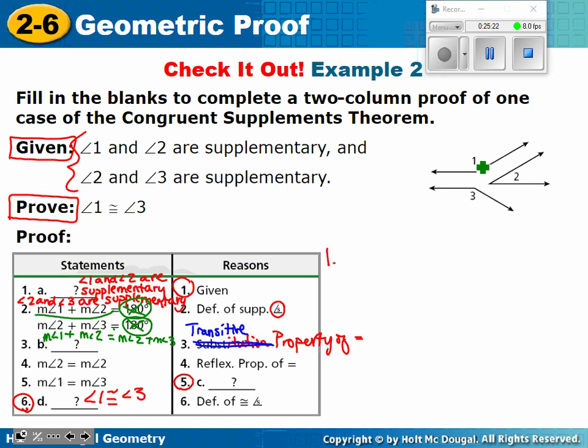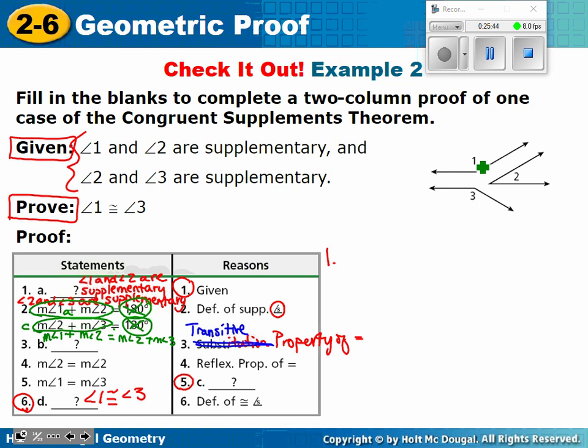Again, this is your A, this is your C. And the transitive property says A equals C. If they have something identical in common, it has to be the entire side of the equation for you to use it. Okay? So transitive property of equality, we have 1 plus 2 equals 2 plus 3.